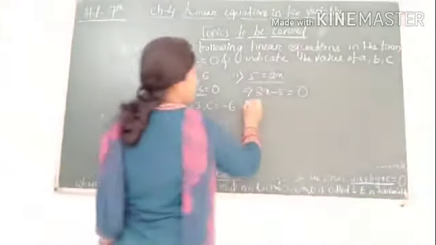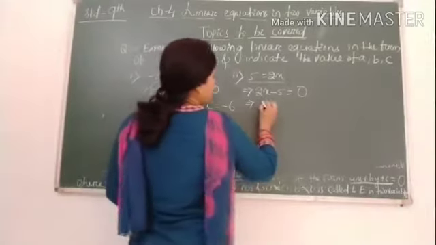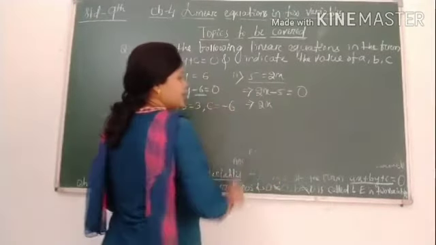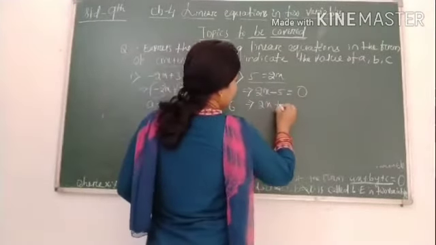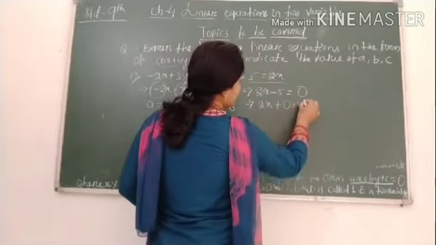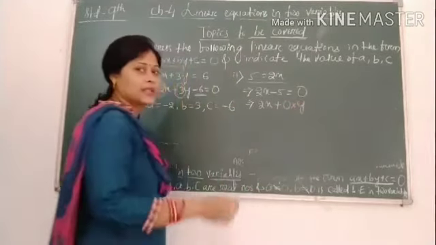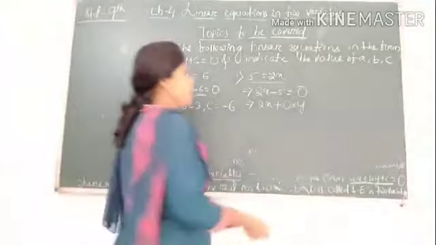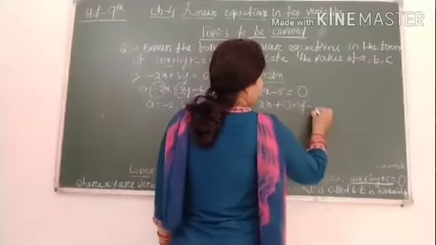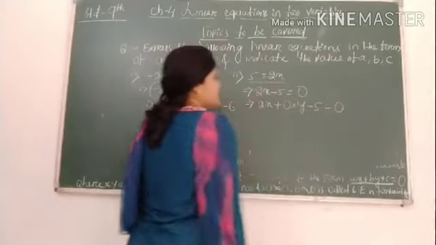Then after write the general form, so 2x, here y is missing. So I can write 0 into y, and 0 into y is your 0. So minus 5 is equal to 0.